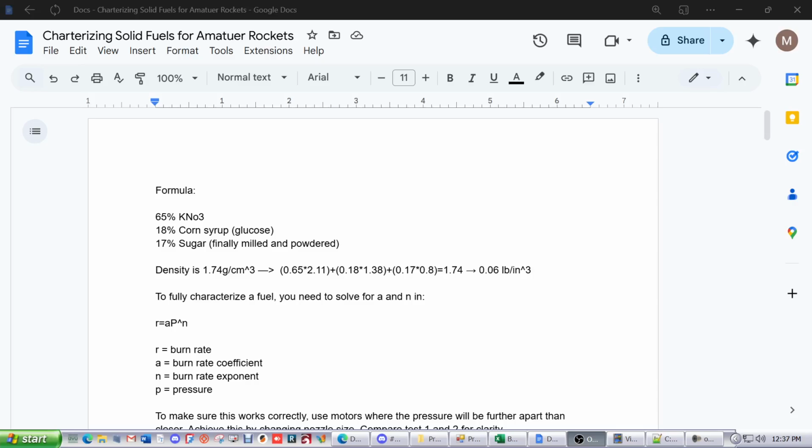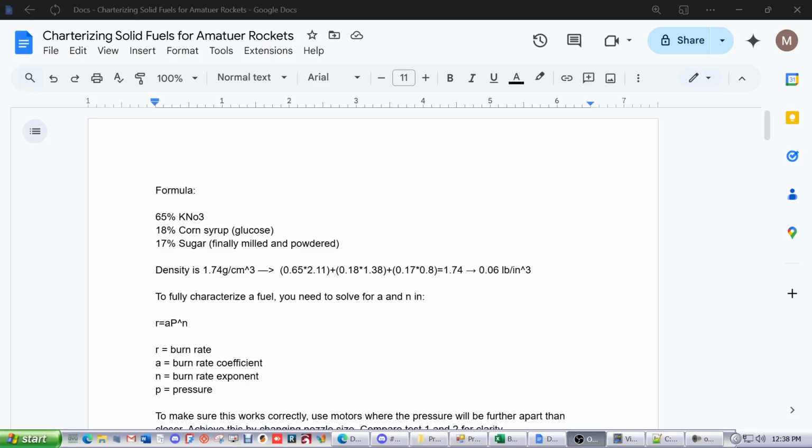Times it by 0.65, you'll get a number. Do the same for the other three. You'll end up with 1.74 grams per centimeter cubed. Convert it to imperial, because OpenMotor and other things we'll use can use either, but I'm just showing you converted at 0.06. It's a little bit longer than that, and we'll get the longer number later.